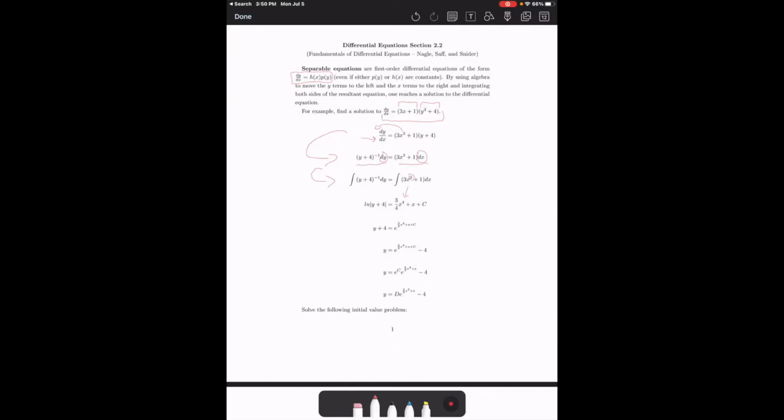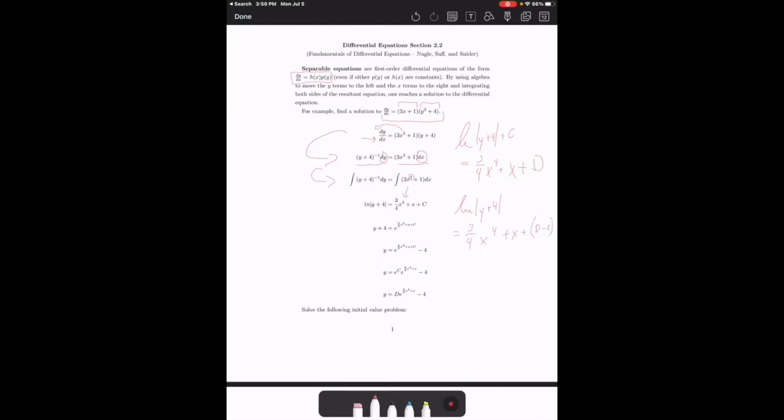Now, you may notice that we should probably have put a constant on both sides, but in general we're not going to bother with that. If I had done ln of y plus 4 plus c is equal to 3 over 4 x to the 4 plus x plus d, I would just move the c to the other side to get ln of y plus 4 is equal to 3 over 4 x to the 4 plus x plus d minus c.